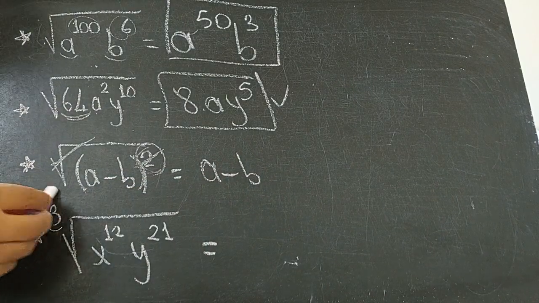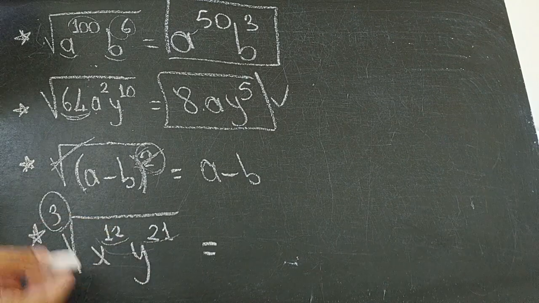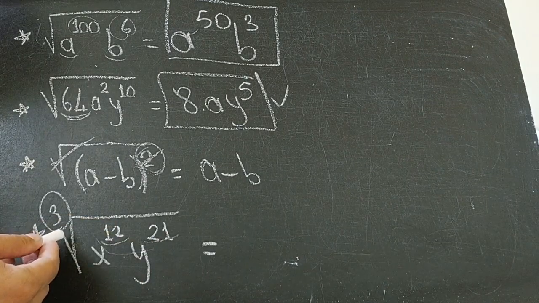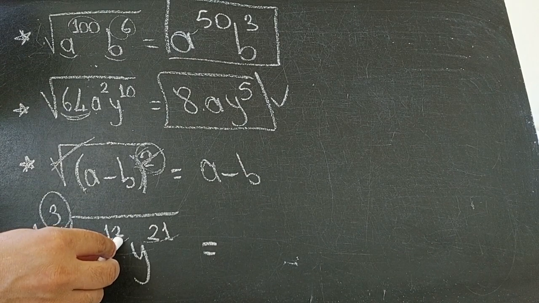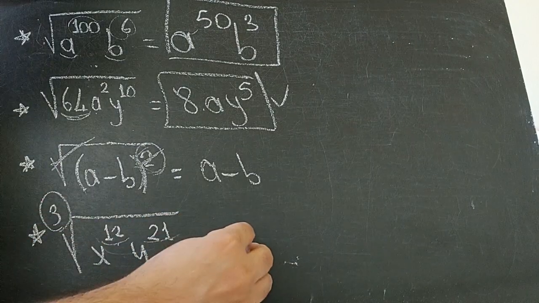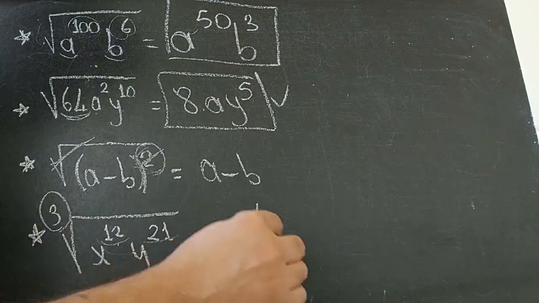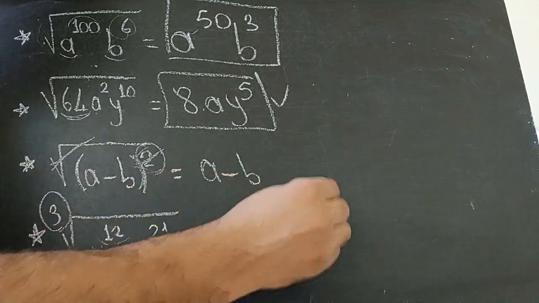So cube root, you are going to divide powers by 3, because remember that cube root was power 1 over 3, and you multiply 12 by 1 over 3, which is 12 divided by 3. That will be x power 4 times y power 21 divided by 3, 7.